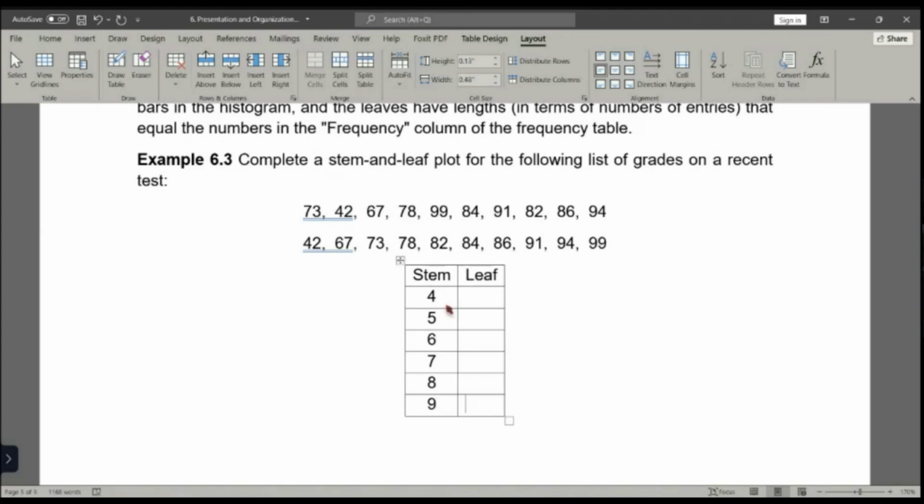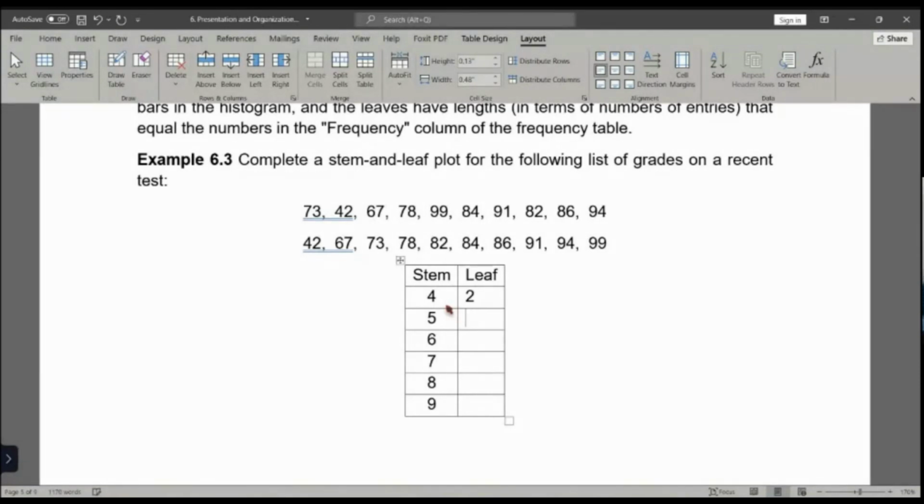And then the leaf are the ones digit for each stem. Let's say we have 42. Next we have, okay, do not write 0, no? Do not write 0. Baka i-assume nyo na since there's no such a value for 50s, ilalagay nyo 0.